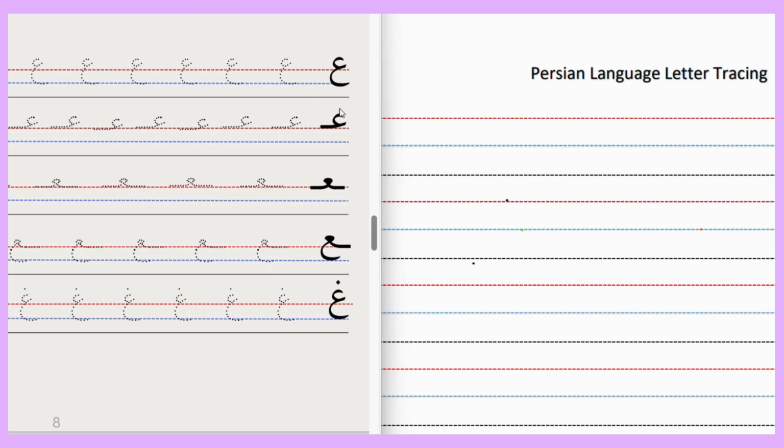So as you might see, Ain has got the form of a hook. So it is kind of curvy. So you can just do like this. From here, you do a semicircle, a little curvy one.